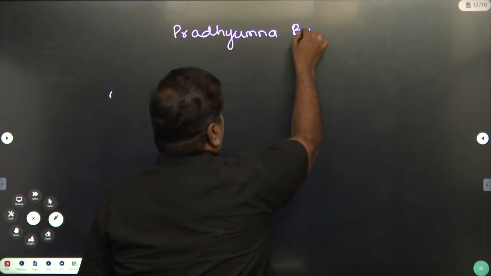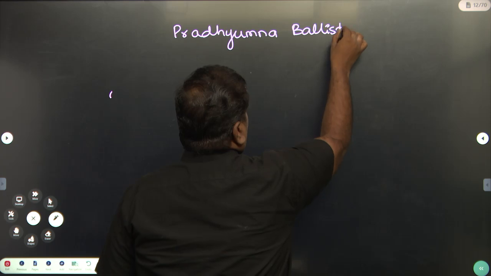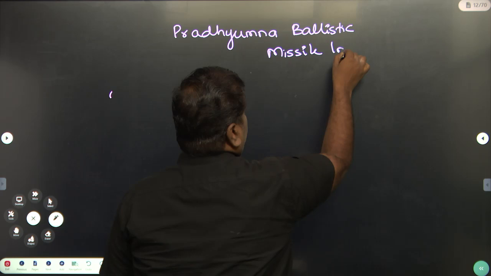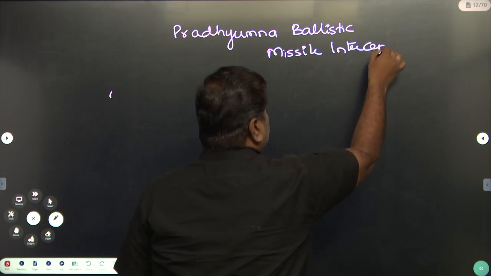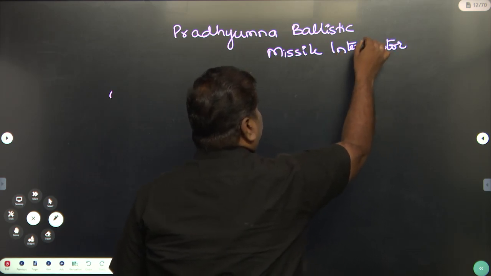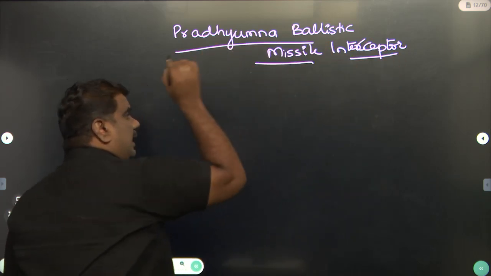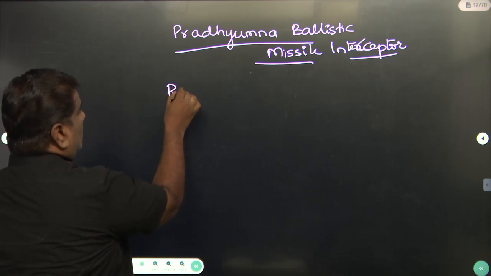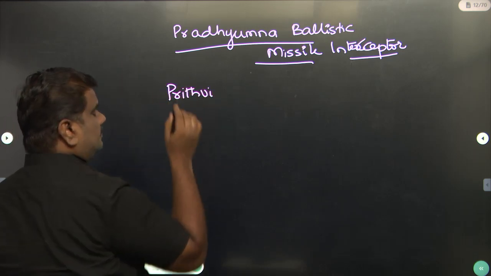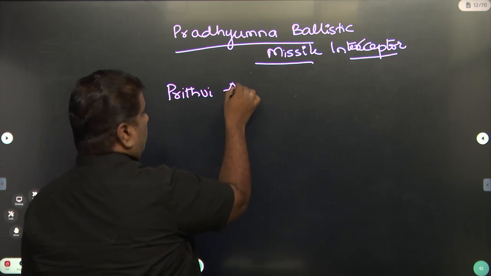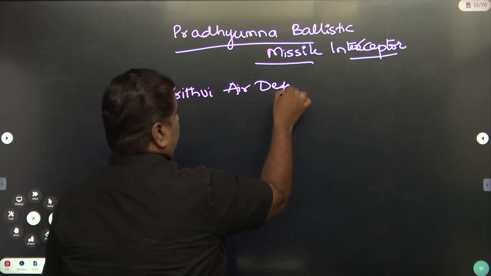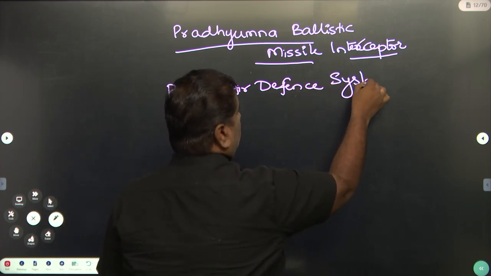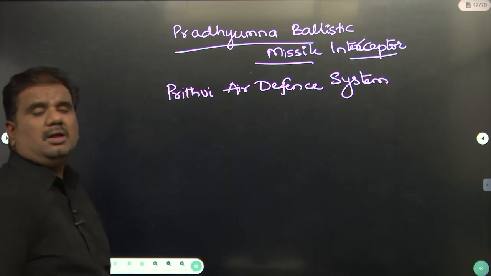This Pradyumna Ballistic Missile Interceptor is also known as the Prithvi Air Defense System. Now the question is, what is this ballistic missile interceptor?